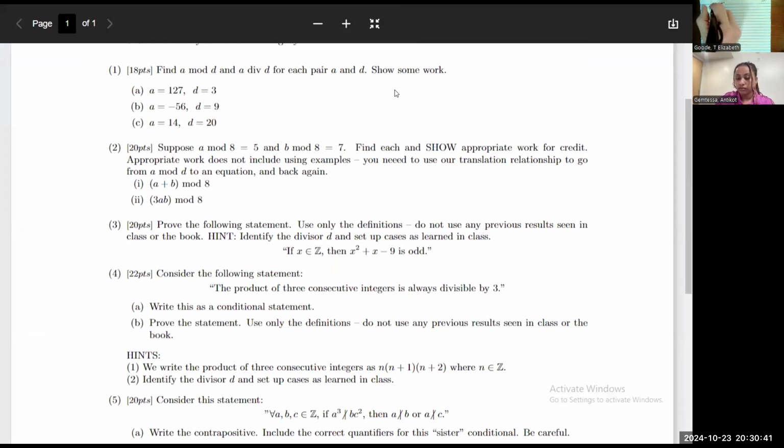So it says, if X is in Z, then X squared plus X minus 9 is odd. So this is very much like number 3. No, oh, this is the product of 3 consecutive integers is divisible by 3. Okay. All right, I can stop sharing now.